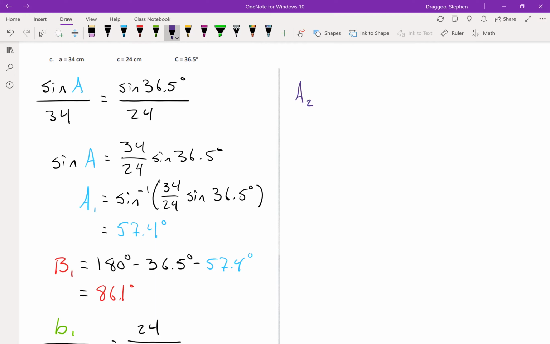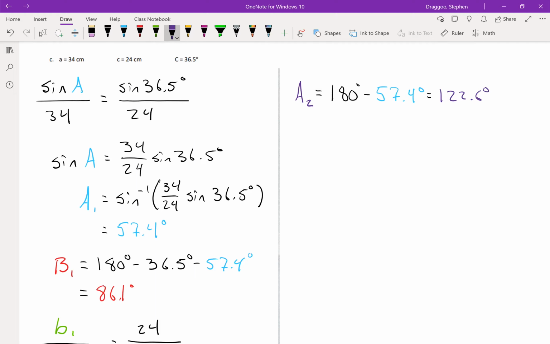So A2, which was the other option for A, should be equal to 180 degrees minus angle A1, which we found to be 57.4 degrees. Making that subtraction, we get 122.6 degrees.